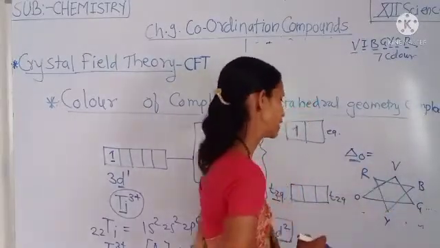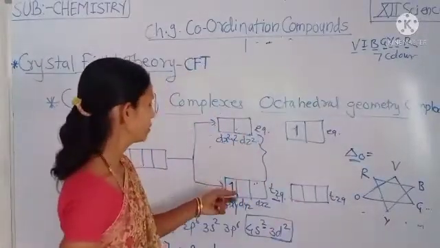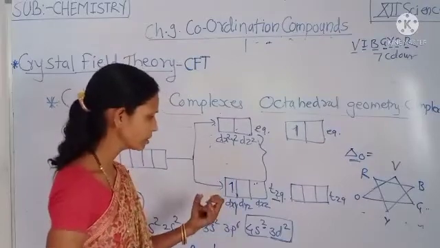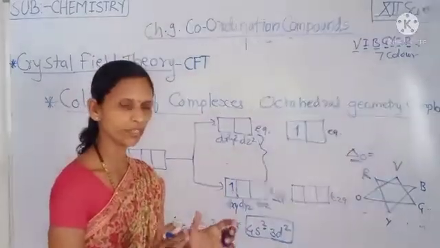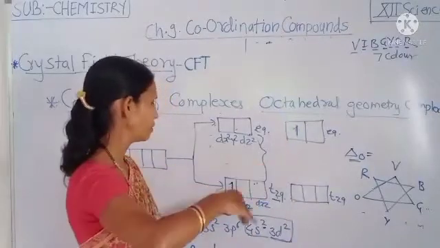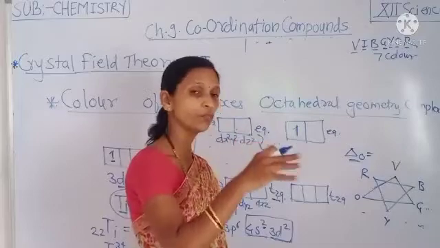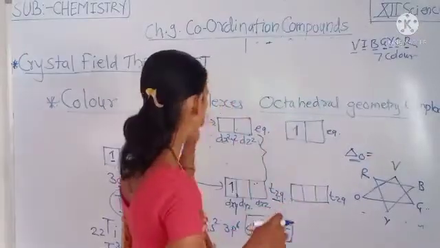Therefore, when the electron absorbs a specific light energy of a particular wavelength, the complementary wavelength of light energy imparts the color to that complex.